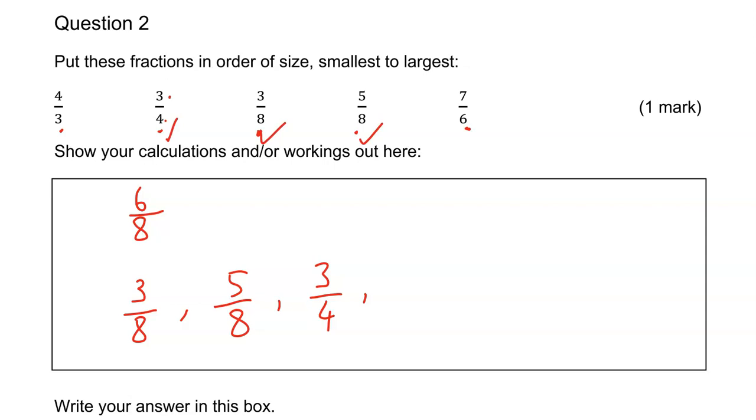Now we can focus on the 4/3 and 7/6. Now what we can do, since this has a denominator of 6, this is 3, so we can double the 4/3. Well, what I mean is double the numbers to keep the fraction the same. So double the 3 gives us 6, double the 4 gives us 8.